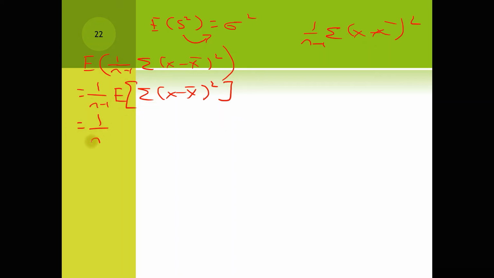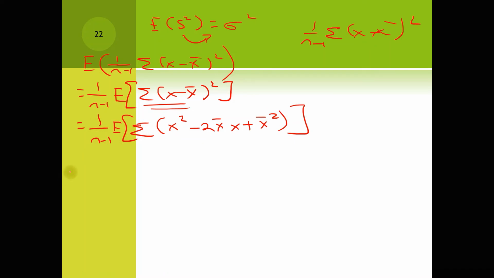Now, what we might want to do is to expand this first before we move on. Let's expand this a little bit before we do anything else. So we have the sum of... here we go.